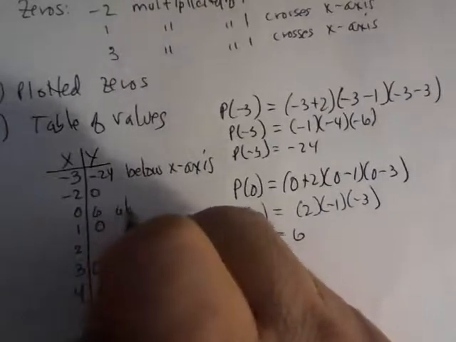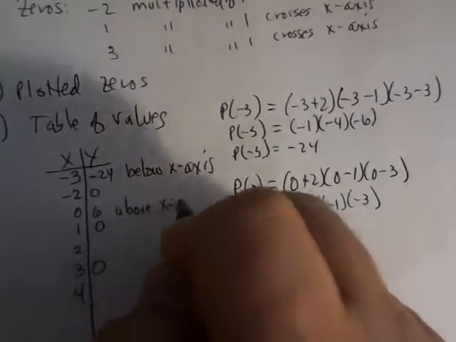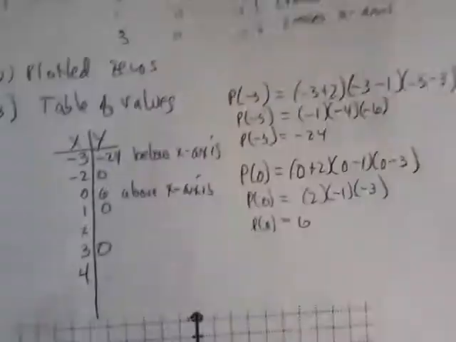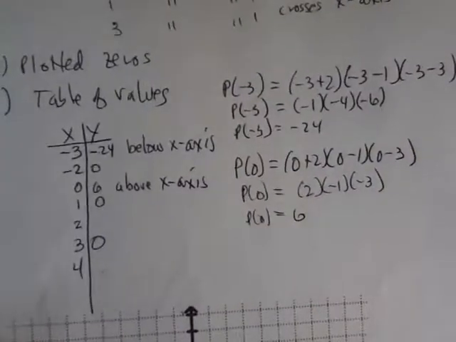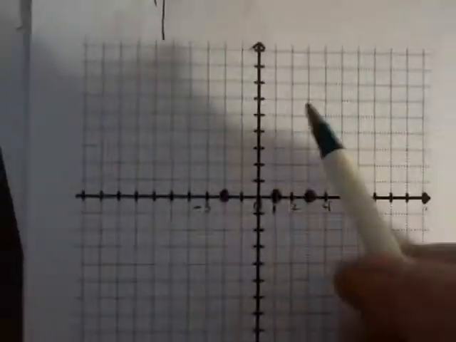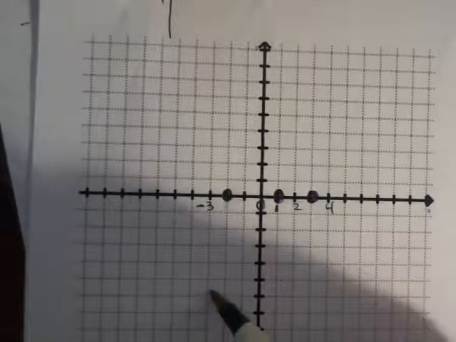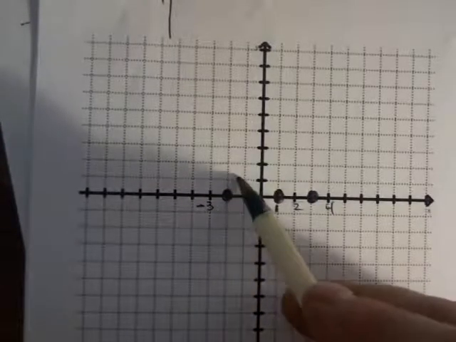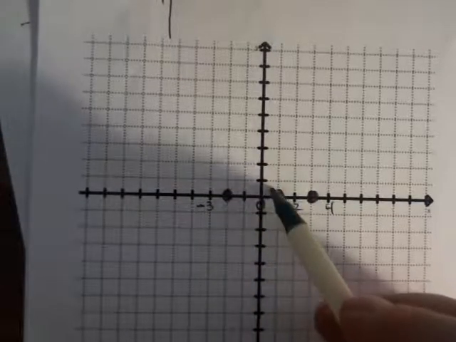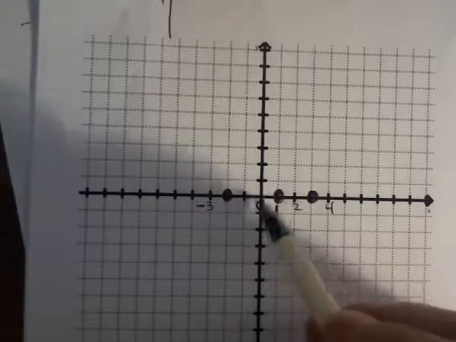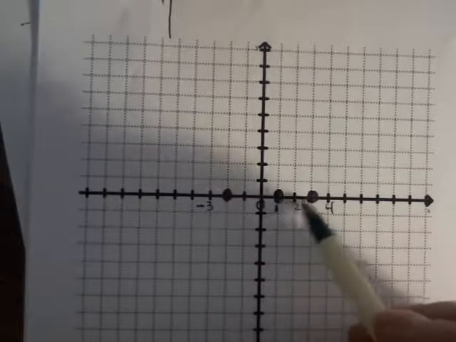And that point there is above the x-axis. And it should, because remember, we're not drawing it yet, but think about what we talked about. It crosses here. At -3, it's -24. It goes up, and then y is 6, and it should come back down, because in between each interval, you've got a turning point or a hump.